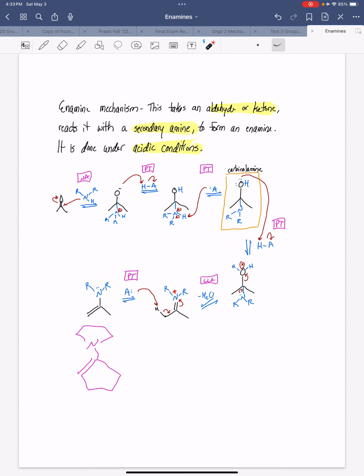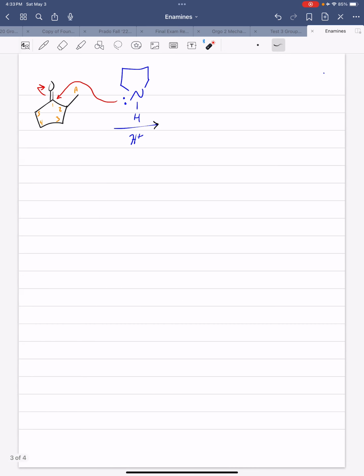Let's walk through an example. Okay, so here is our secondary amine. And first thing we do is do this nucleophilic attack from the lone pair on nitrogen to the carbonyl. This thing is going to resonate up and become a third lone pair. So now we have this molecule here. O with 3 lone pairs, minus 1 formal charge.